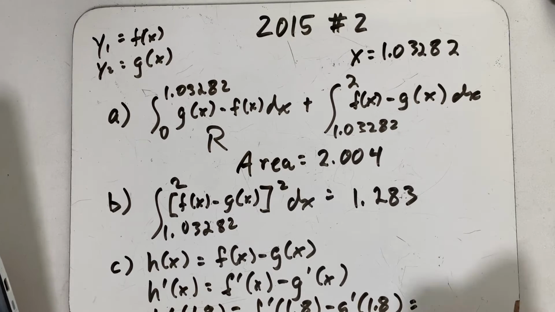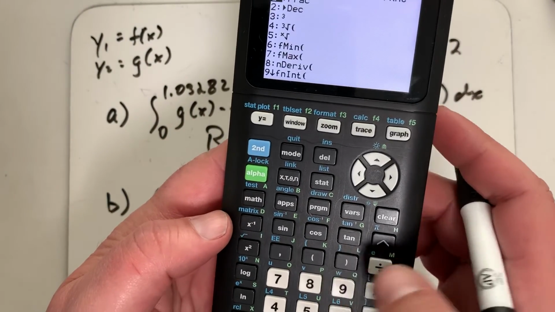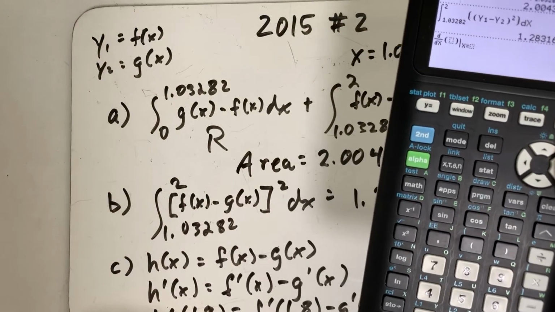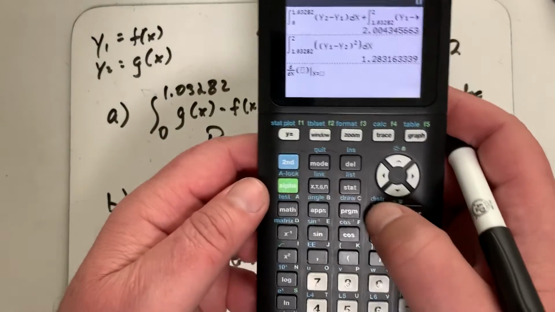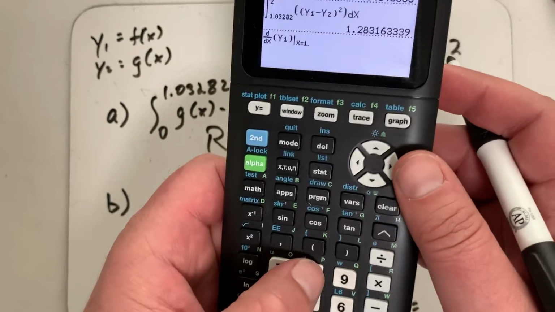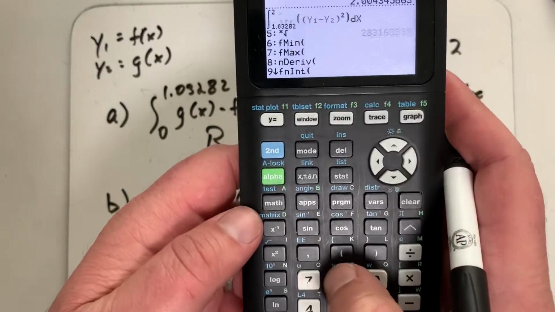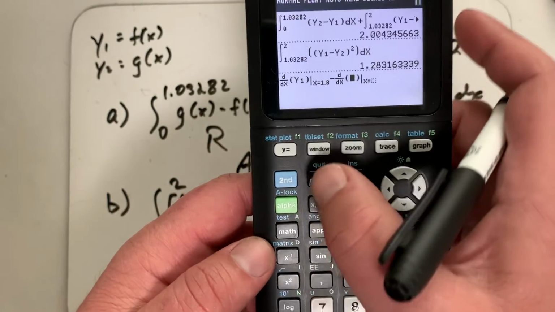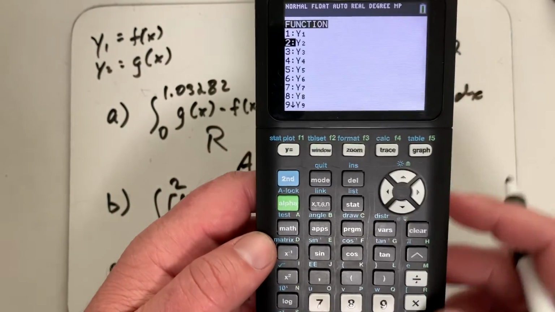And again, back to our calculator here. We're going to go to math and then our derivative this time. So dx, and we are f prime of, and that is going to be my y1, and that is at 1.8, minus math and 8 again, dx, minus our g prime, so that's going to be vars y2.